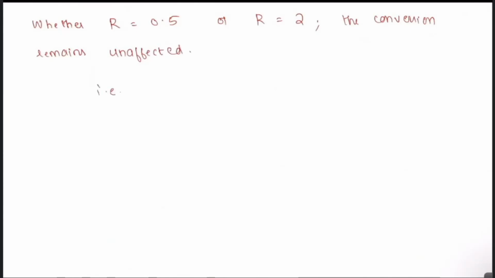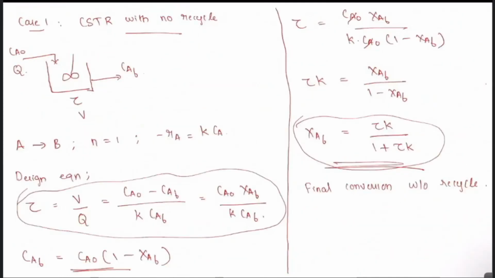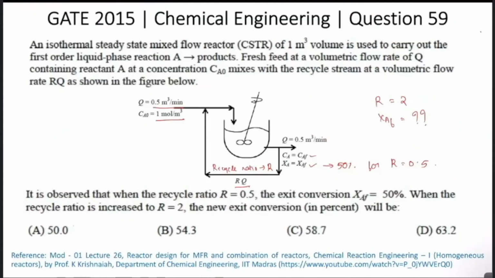That means the conversion will remain at 50%. So no matter how much the recycle ratio is manipulated for a CSTR with recycle, the conversion will remain the same as the conversion from a no recycle CSTR. Right? So here the right option here is option A, 50%.